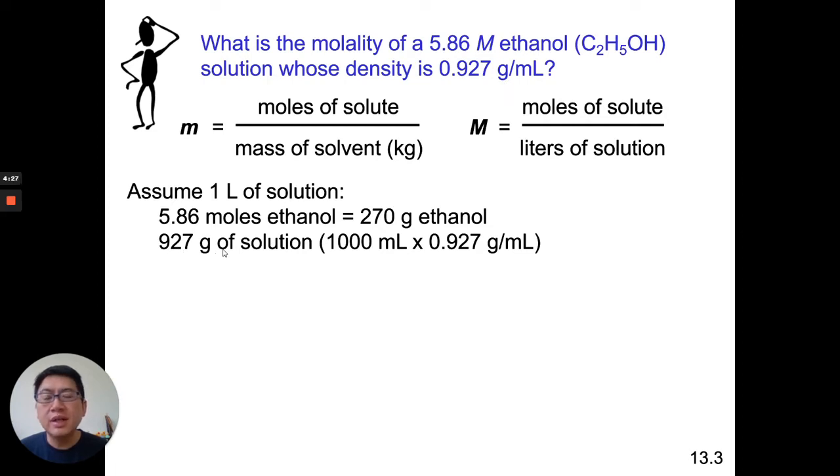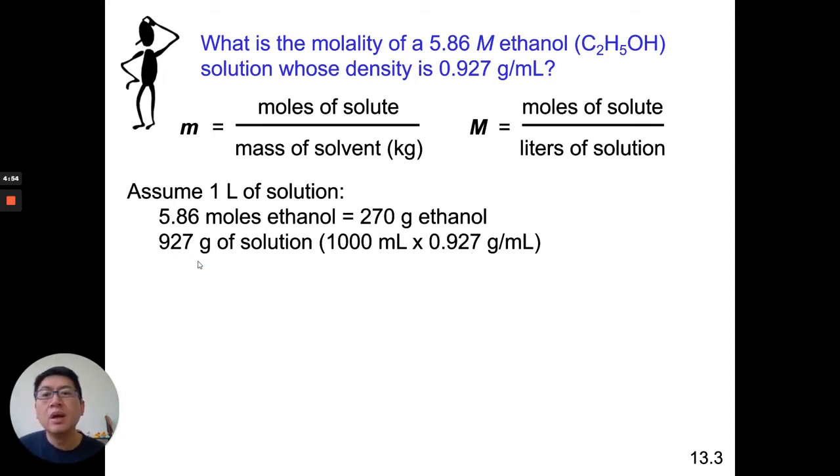Density is equal to mass over volume. The density, 0.927, equals the mass divided by 1,000 milliliters, so you solve for the mass of the solution: 1,000 milliliters times 0.927 grams per milliliter is 927 grams of solution.